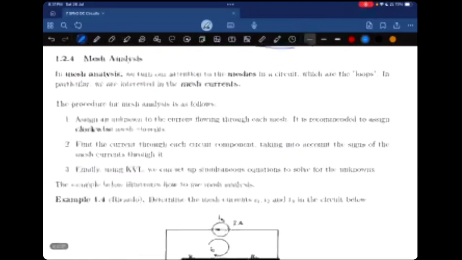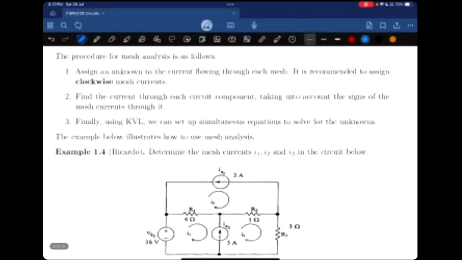The next method is mesh analysis. Instead of looking at the points, now we look at the loops, or what we call the meshes. And instead of looking at potential, we look at current. So instead of assigning arbitrary potentials, we assign mesh currents through each mesh.